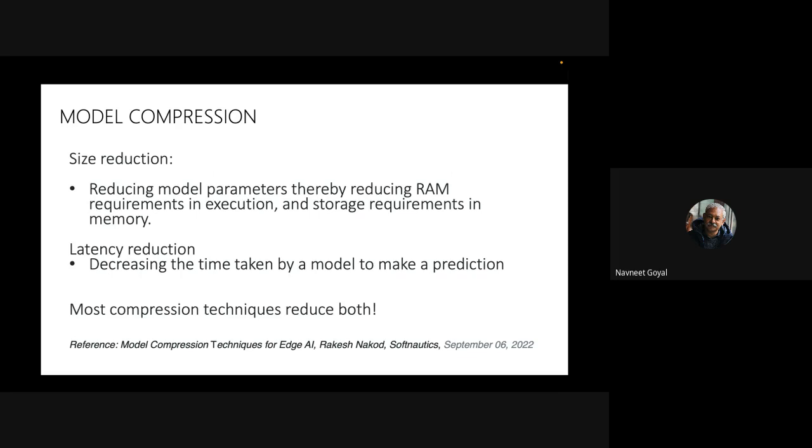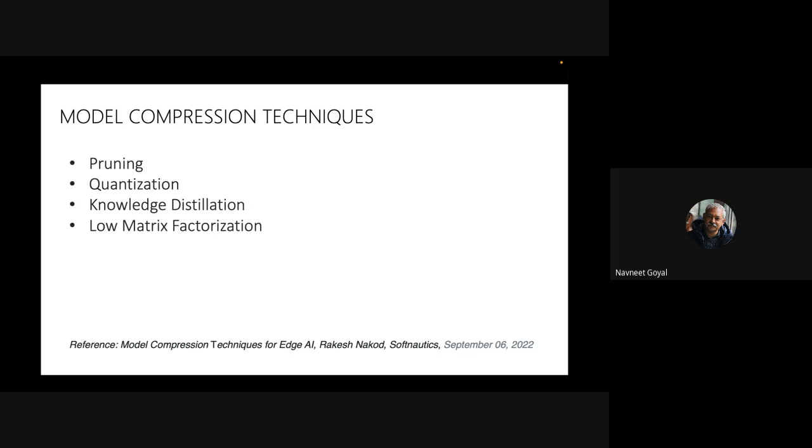So size reduction means reducing model parameters, thereby reducing RAM requirements in execution and storage requirements in memory, and latency reduction is in terms of the time for prediction. Most compression techniques would reduce both. Okay, so not just the size, but also the latency. As size reduces, the latency automatically reduces.